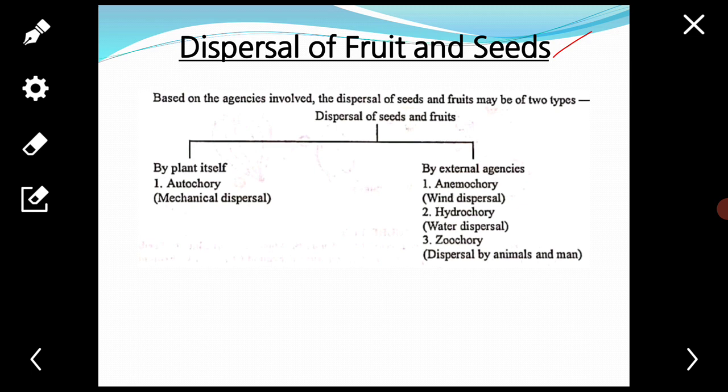The seeds and fruits are disseminated to different distances from their parents in order to get sufficient space, light, and nutrients for successful propagation and evolution of the species.